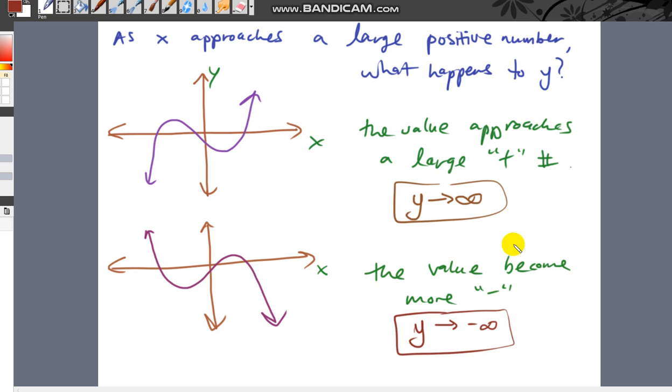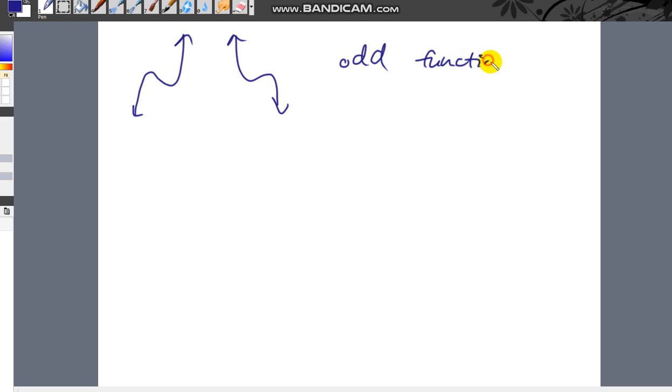Okay. Now, the last thing that I also want to present is this here. As you saw, we've had functions that look like this, and we've had functions that look like this. These are called odd functions.